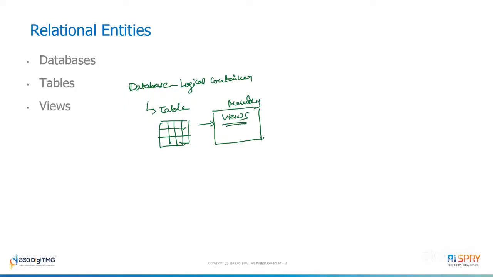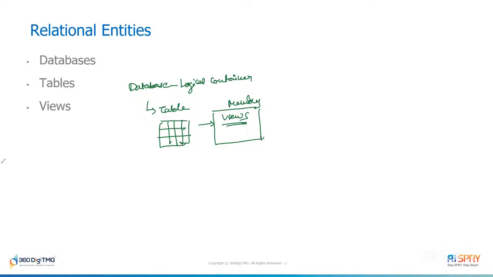Views. And these are the relational entities, not only here, in any data storage. If you take data warehouses or if you take databases, this is the hierarchy of how the entities are arranged.